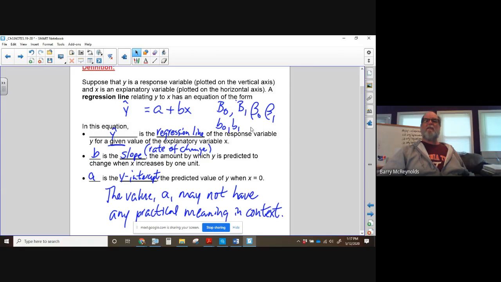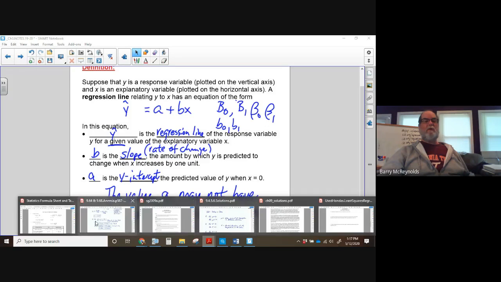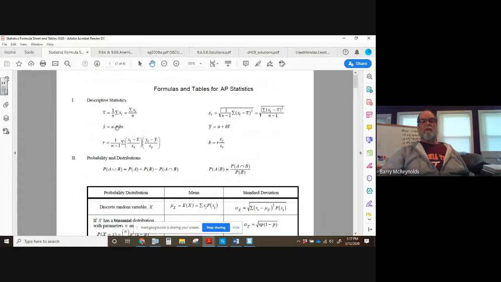Now over here you see some other variables, beta 0 and beta 1, little b, b0 and b1. These are common variables for these two constants that you might see in other textbooks. I don't think you will see it used on the exam. The formula sheet clearly shows you the form that you're going to use.